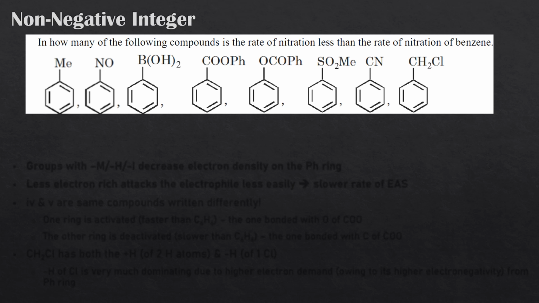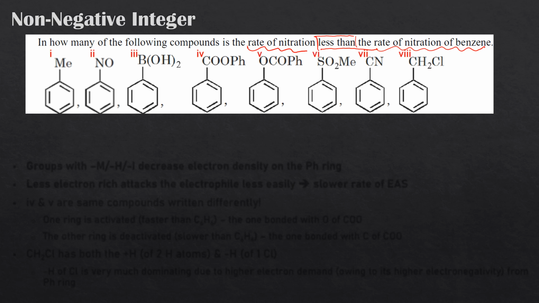We have been given 8 different compounds, and we are supposed to find the rate of nitration, and we have to choose those where the rate of nitration is less than the rate of nitration of benzene. We'll be seeing these one by one.